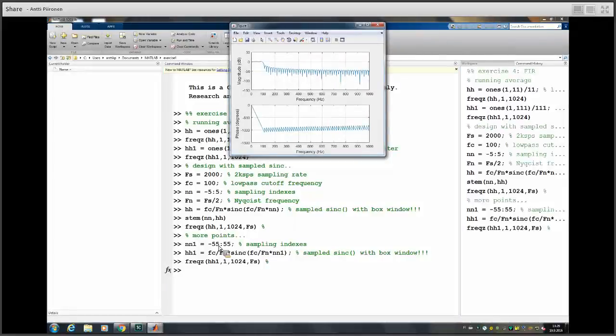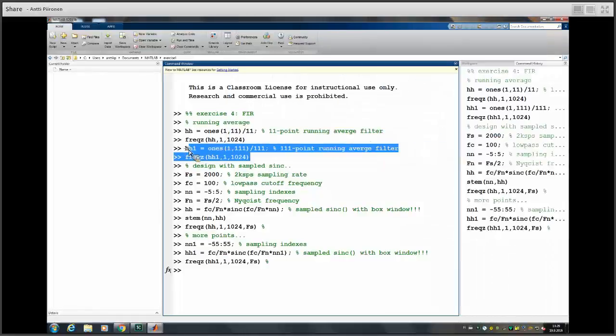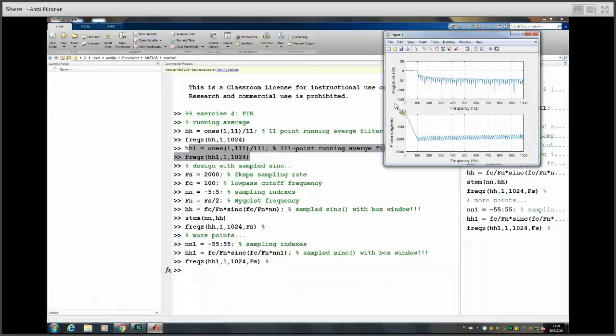So having that sink there, now we can control the cutoff frequency. We still have the 111 points as in my previous filter, the HS1, which was just the running average. But now we can control the cutoff frequency.